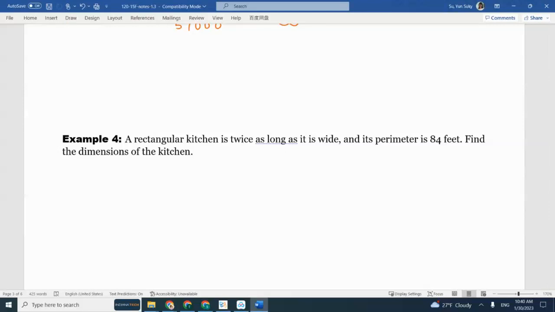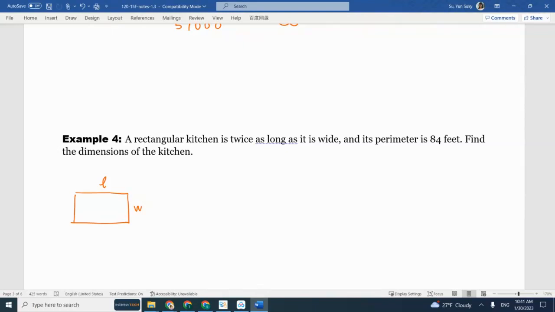Right? So here, rectangle. For a rectangle, the dimensions are length and width. So set the variables, length and width. Okay, everybody? Then look at each sentence.